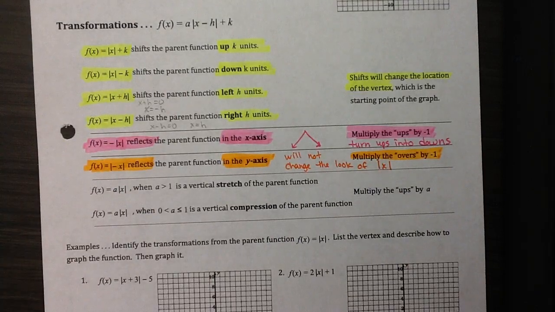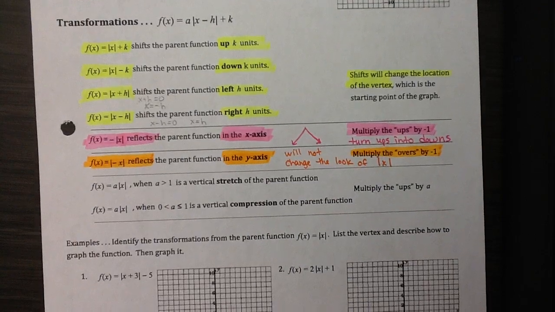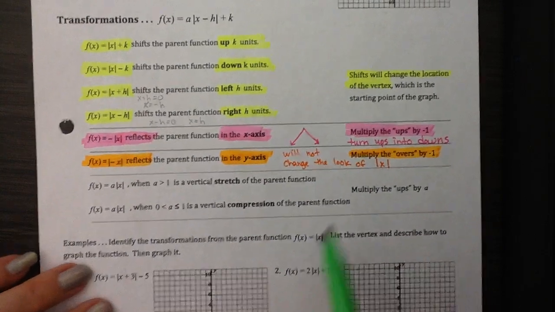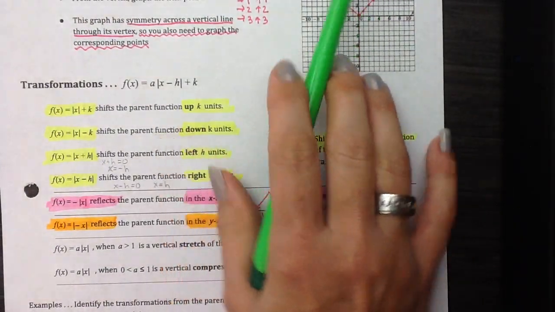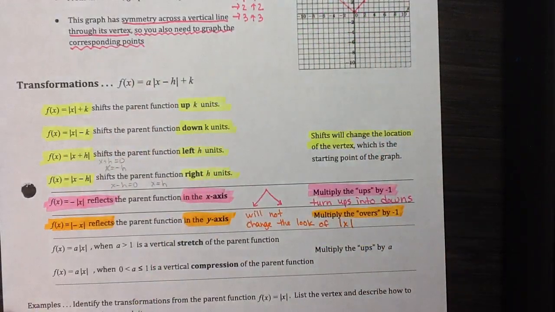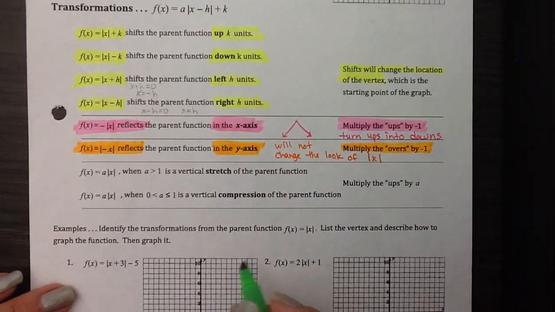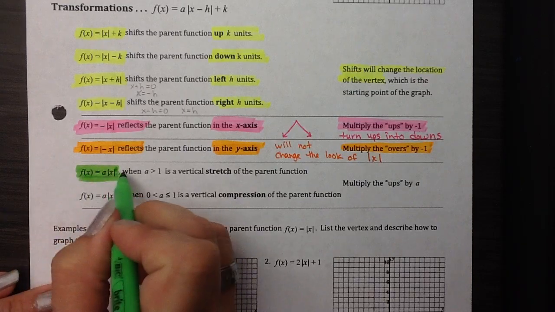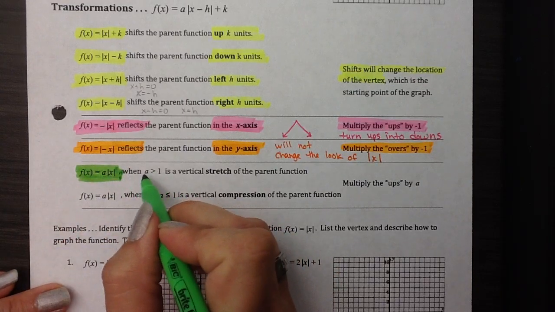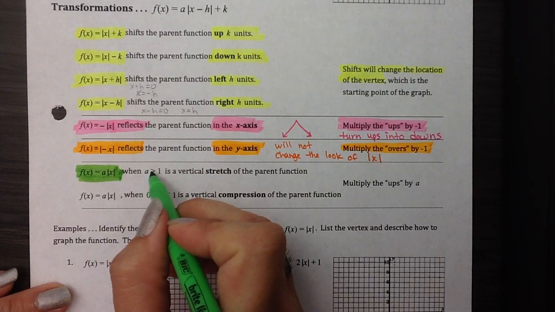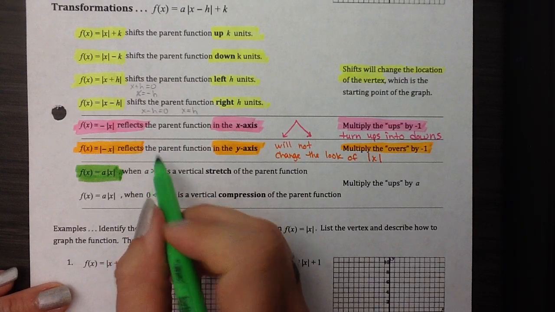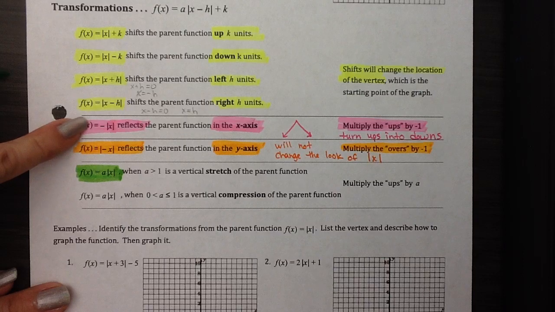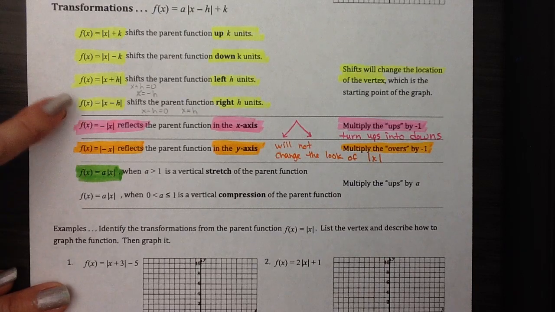And then we have vertical stretches and compressions. These are the ones that make the 2 parts of it either be steeper or less steep. So if you have a number multiplied out in the front, when that number is bigger than 1, like 3, or it could also be negative 3, because remember the negative is doing a reflection, so a negative 3 would be 2 different things.